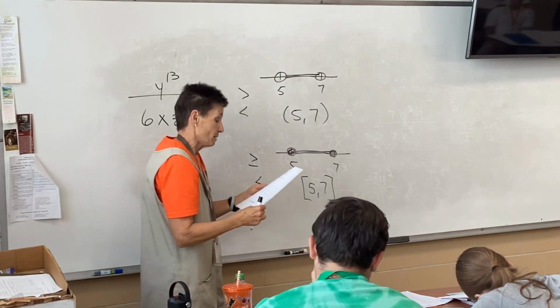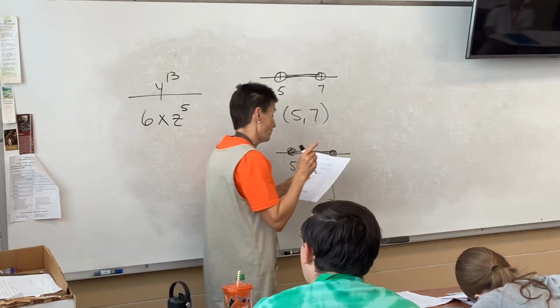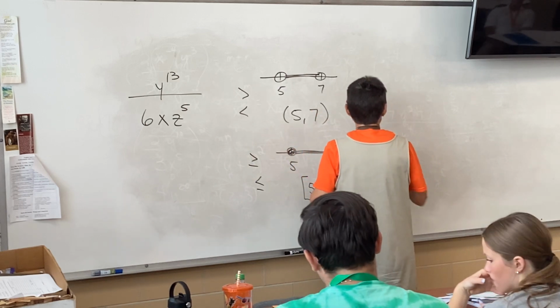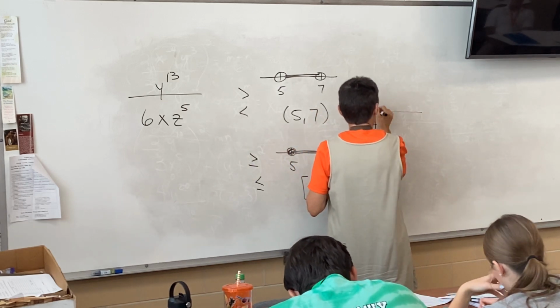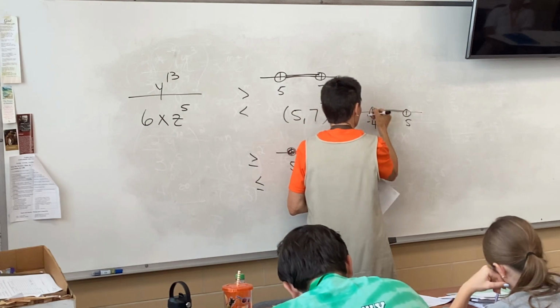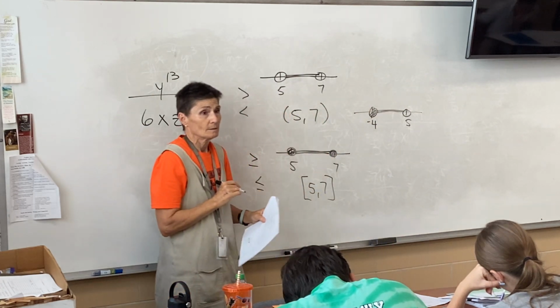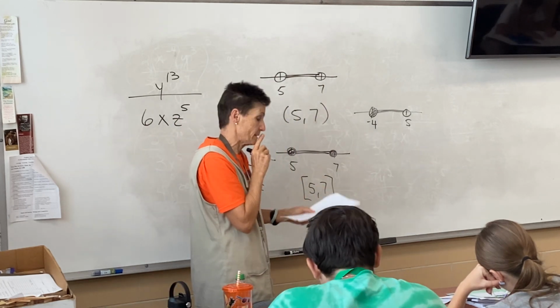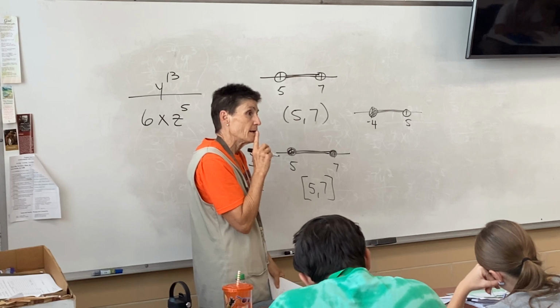So 9, it's so easy. You're going to put a dot at -4 and a dot at 5. You're going to shade in between and color in the -4. Easy. What about B though?